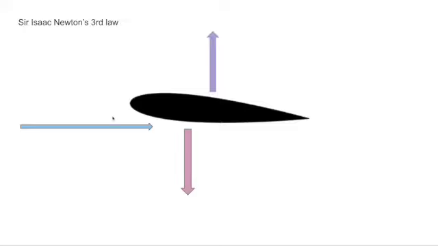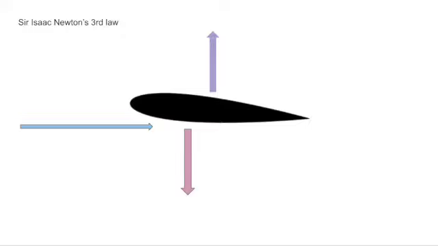We have our airfoil, relative wind, and two arrows. So this is what they mean. Relative wind is hitting the bottom of the airfoil, is deflected down, and the opposite reaction is up. So let's identify and break down Newton's third law.